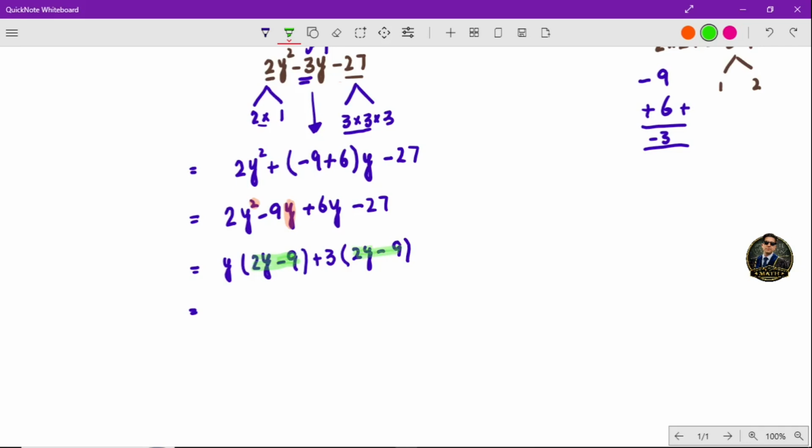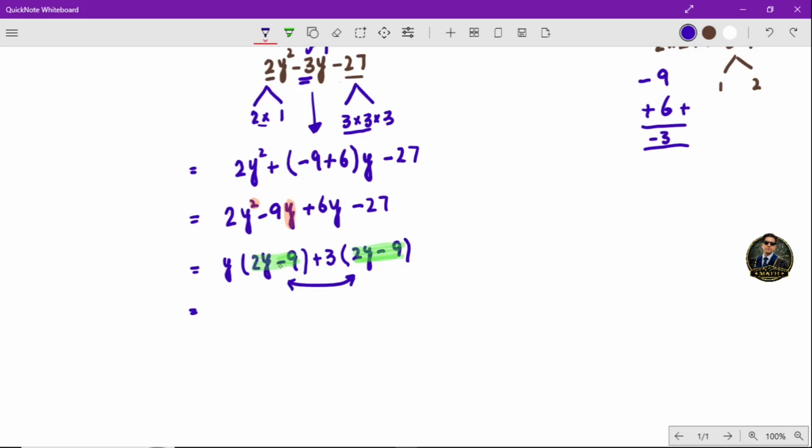If it is not the same, it means that your midterm breaking is not correct, so we are doing the question wrongly. That's why it is very important while solving this question that the bracket values must be the same. These two values are the same, which means we are solving the question correctly.